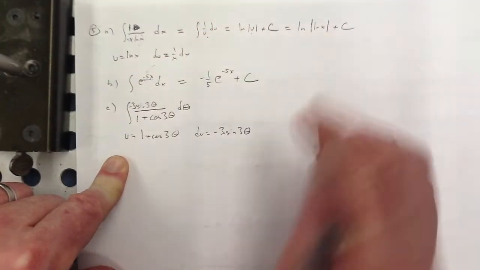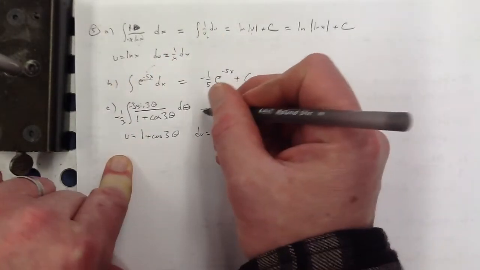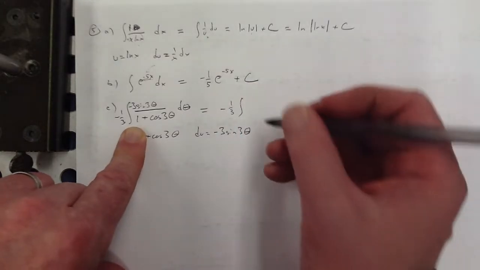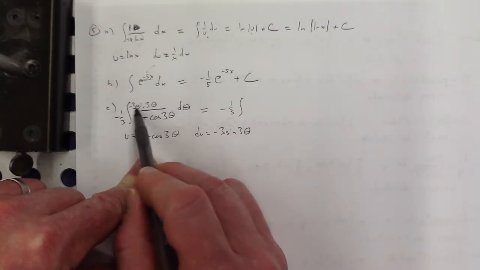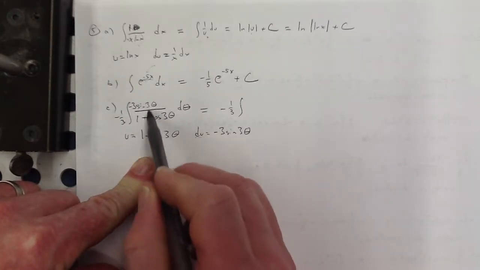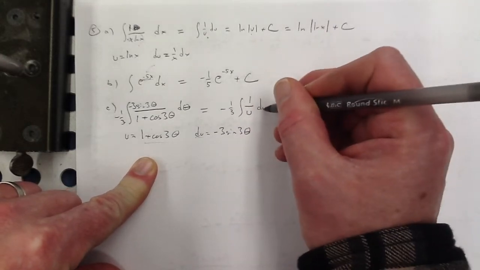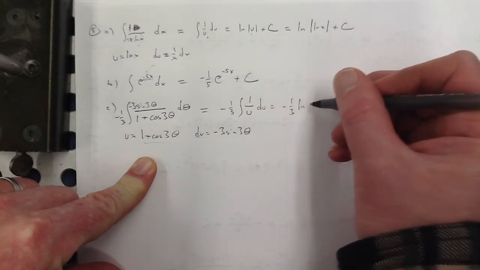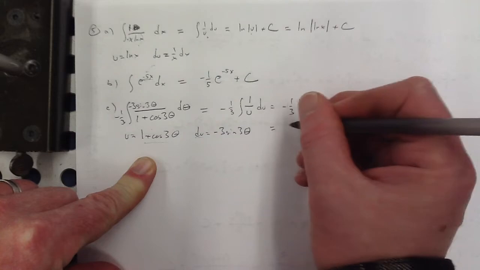So if I have a -3 here, I'm going to need a -1/3 on the outside. So -1/3 times the integral, looks like I'm going to have this whole thing get swallowed up by the du, and then I've got 1 over this, 1 over u. Okay, -1/3, antiderivative of 1 over u is natural log absolute value of u.